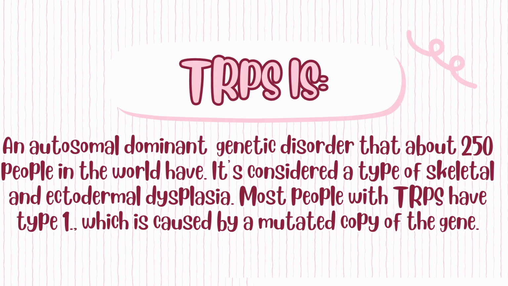There was a type 3, but now it's just 1 and 2, and people who previously had type 3 would be lumped in with type 1. This is caused by a mutated copy of the TRPS1 gene. Type 2 is a little different, and it's a deletion across 3 genes, but type 1, like me and most people, is only the result of a single mutated copy of the TRPS1 gene.